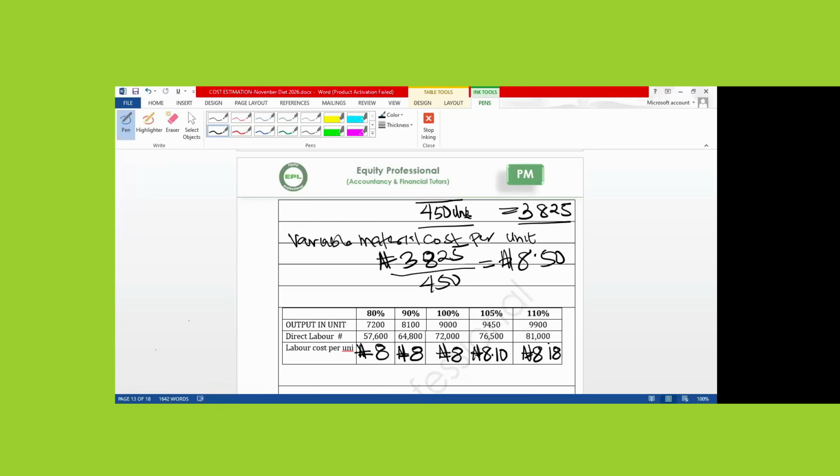But when your production exceeded 100%, labor cost per unit rises.